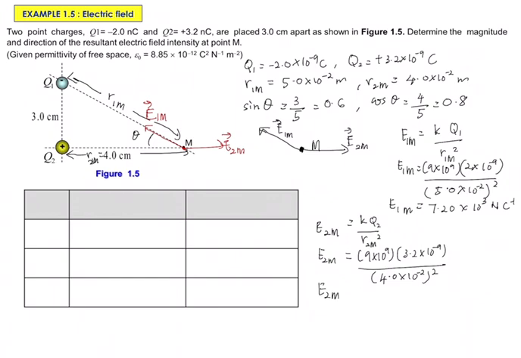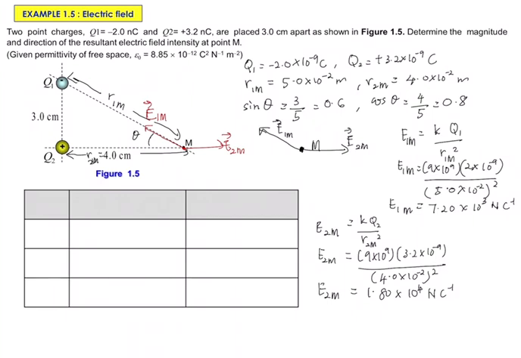E2M is 1.8 times 10 power of 4 Newton per coulomb. Because E1M has two dimensions, you have X and Y components. E2M is just in the X component.